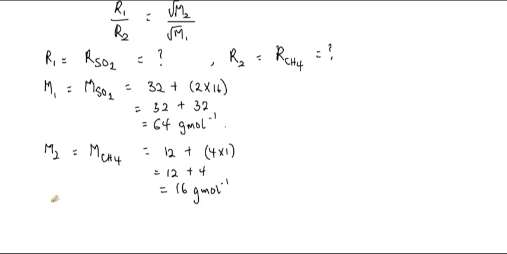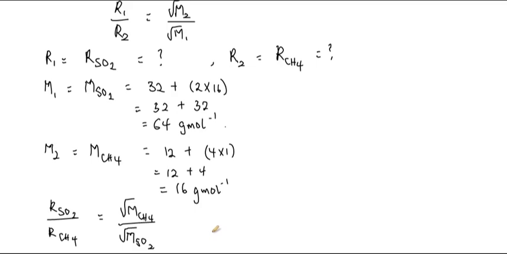So instead of R1, I'll have RSO2 over RCH4, that is the rate of diffusion of sulfur oxide and the rate of diffusion of methane, equal to the square root of M2, that's methane, MCH4, over square root of the molecular mass of the first gas, which is sulfur oxide, MSO2. After writing this, let's substitute the values.